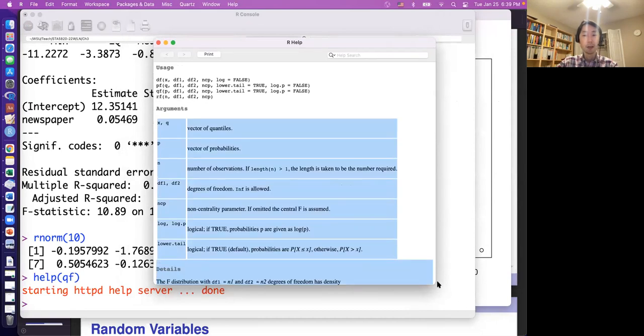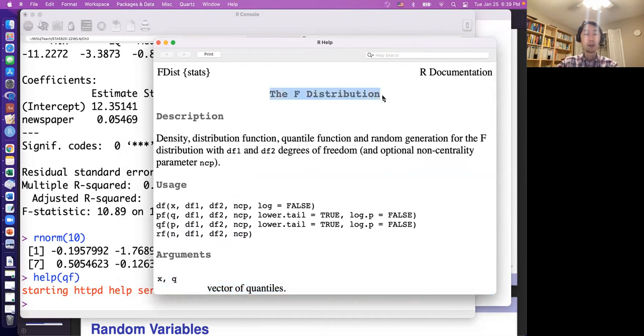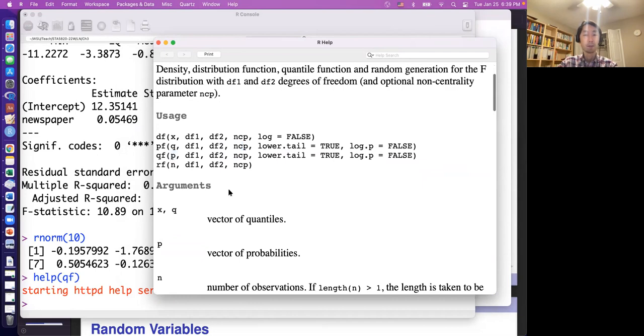You can see the format is this. So the F distribution functions are df, pf, qf, rf. You can specify df1 and df2. Then you can get the probability under the curve, or the quantile points given the probability.